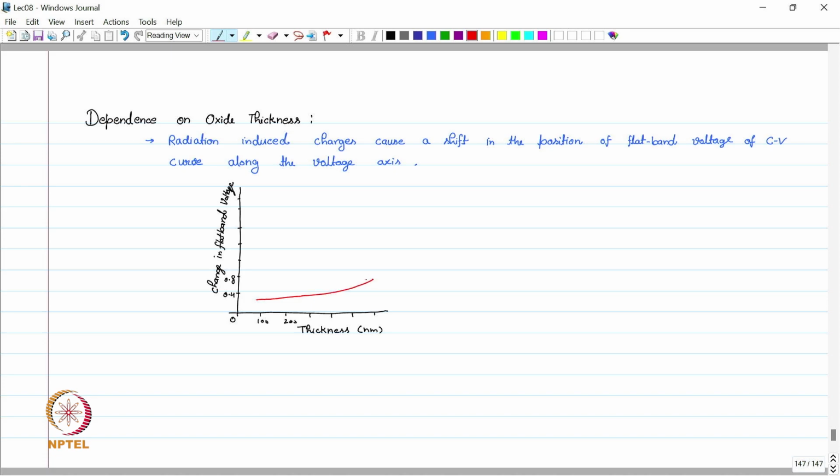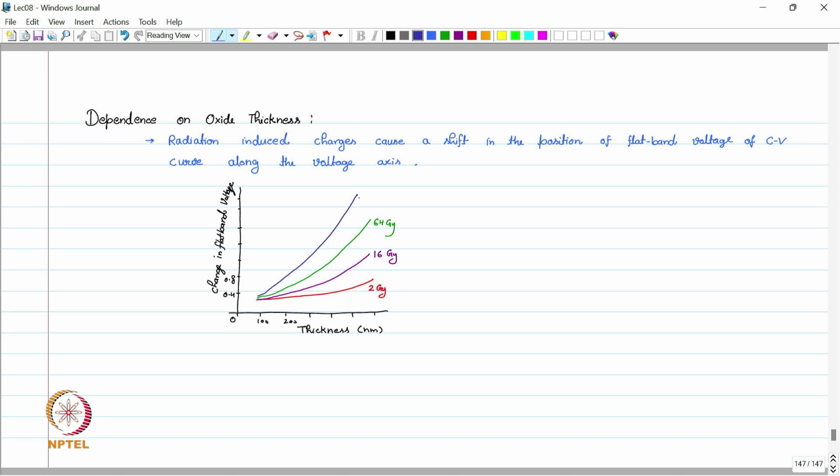For example, one graph is like this. This is for typically 2 gray of radiation. The other graph can be something like this, which is your 16 gray of radiation. The third graph can be like this, 64 gray, and like this.